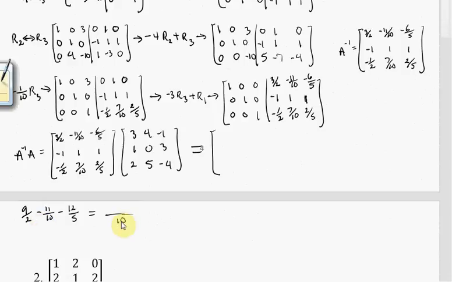So 2 goes into 10 5 times. So it gives us 45 here, minus 11, and then 5 goes into 10 2, and that gives us a 24 minus 24. So we get 45 minus 35, so that's 10 over 10, that gives us a 1. Right?